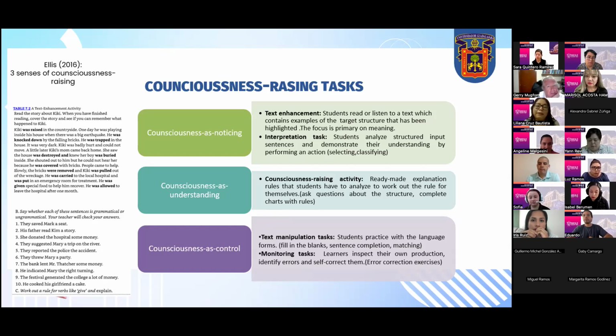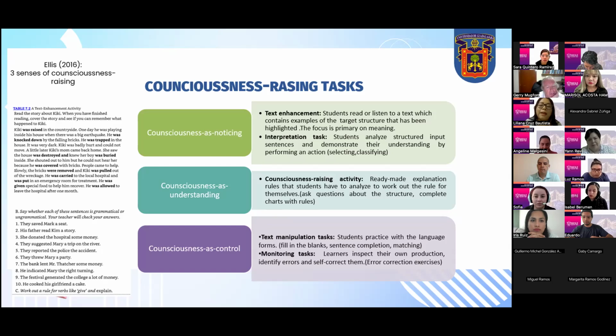But the most important thing with this type of task is that the students can also work with the meaning. So after the students read the text, they are asked to answer some comprehension questions to see if they understood what they have read.